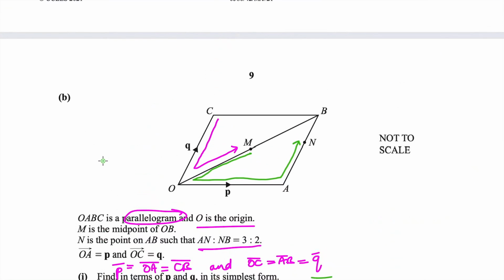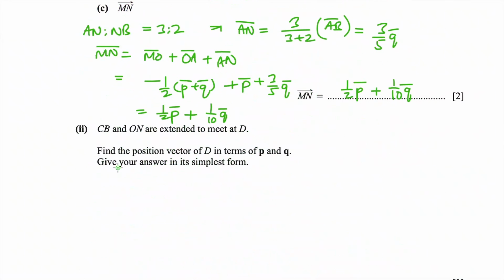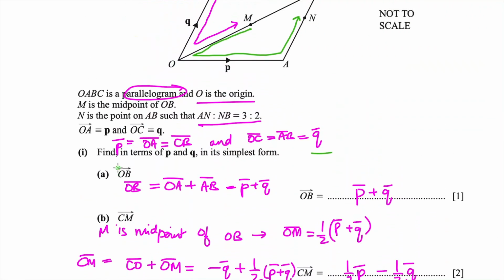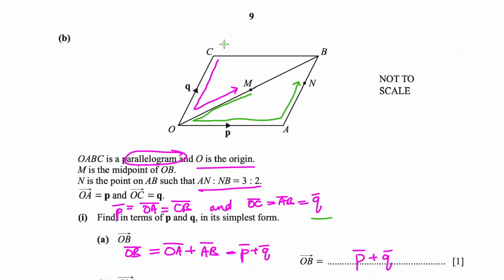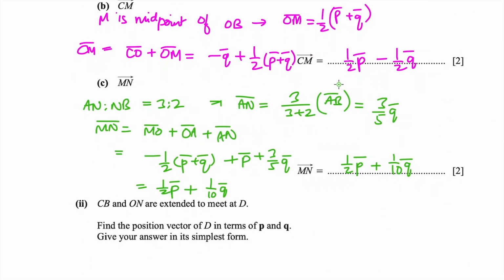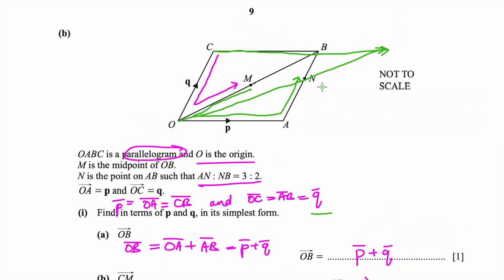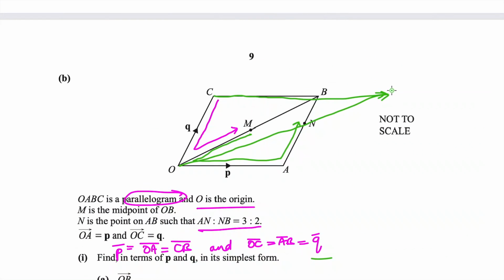So CB and ON are extended, and we need to find the position vector of D in terms of P and Q. The point where they meet is D.